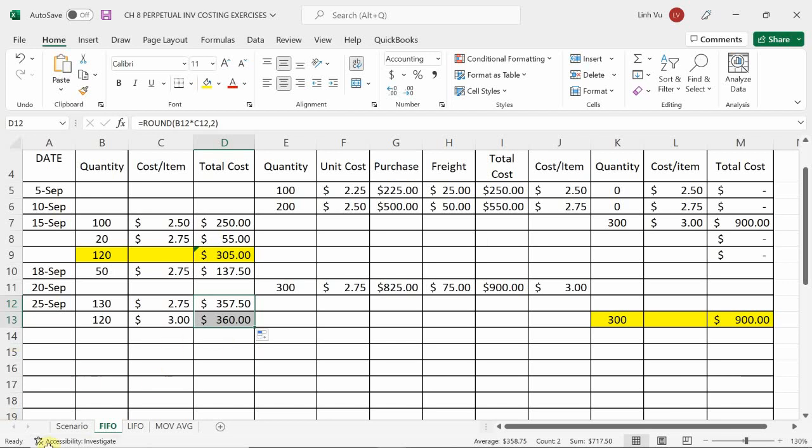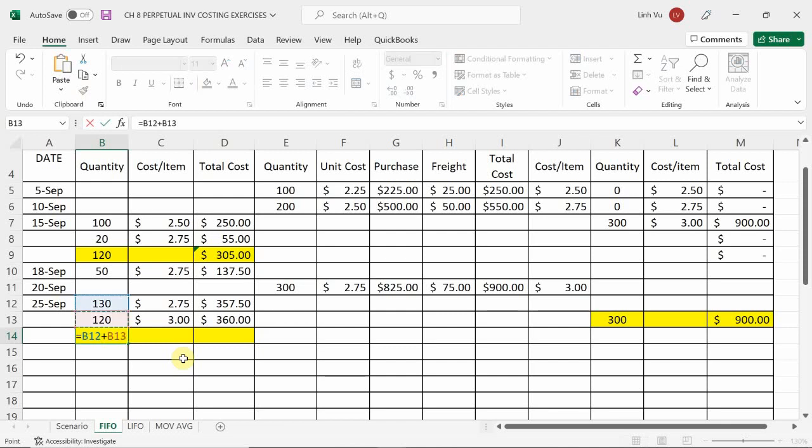Okay, so then once again we have to tally up our totals here. We have a total of 250 units at a total of $717.50. So now let's update my little 300 here. I no longer have 300 because I just sold 120.